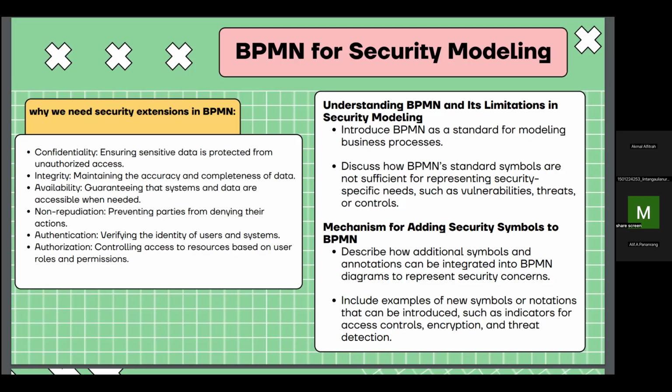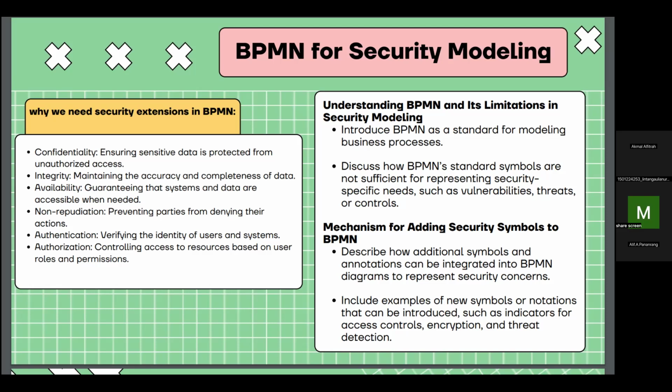First is introducing BPMN as a standard for modeling business processes. Second is discussing how BPMN standard symbols are not sufficient for representing security-specific needs, such as vulnerabilities, threats, or controls. And next is the mechanism for adding security symbols to BPMN.